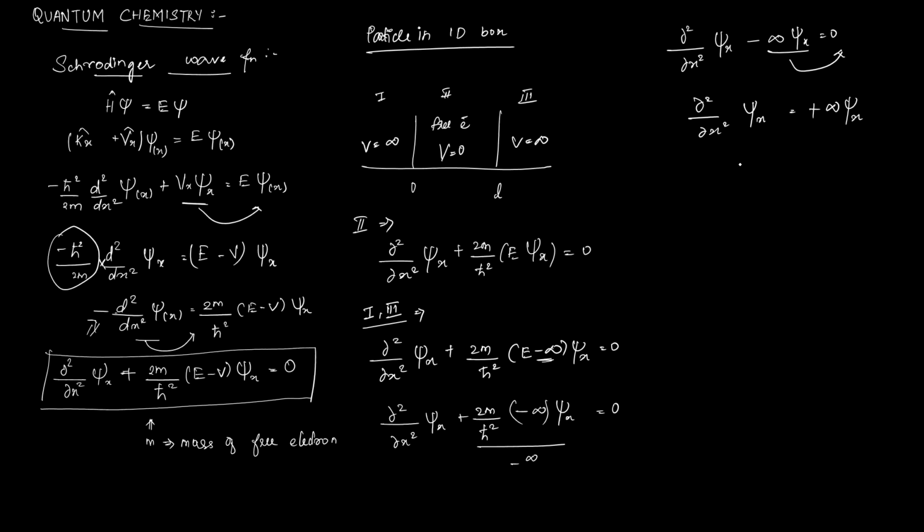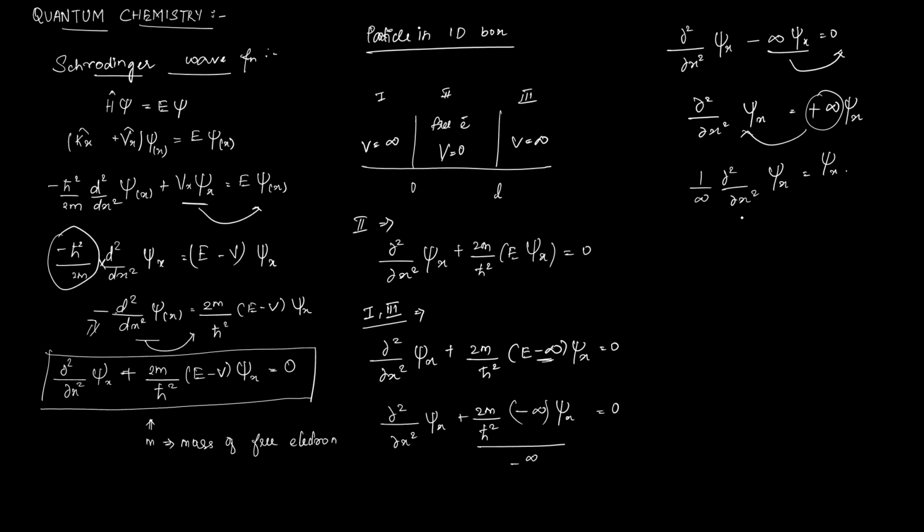Okay, if you consider only psi of x, what happens? This infinity term, we are bringing to this side. Okay, so if you bring the infinity term to this side, this is going to be equal to 1 by infinity dou square by dou x square into psi of x is equal to your psi of x.